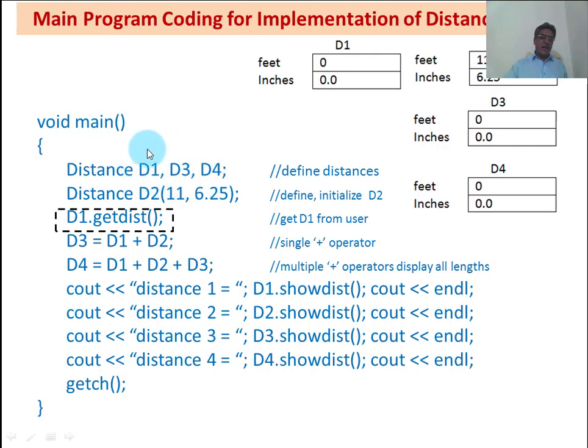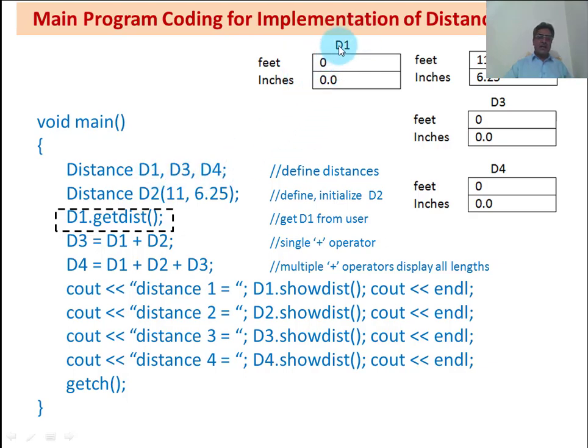These three objects have no values during declaration, but the no argument constructor will be activated at this place, and it will assign the 0 values to the memory of d1, d3 and d4.